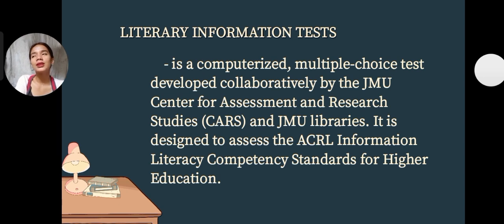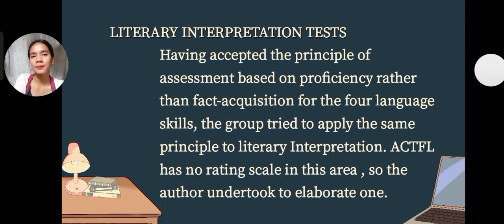So this literary information test is somewhat a paper and pen test, in which the students will be given a multiple choice test, and then they will just read it and choose an answer from the choices. So this is more like spoon feeding to the students.